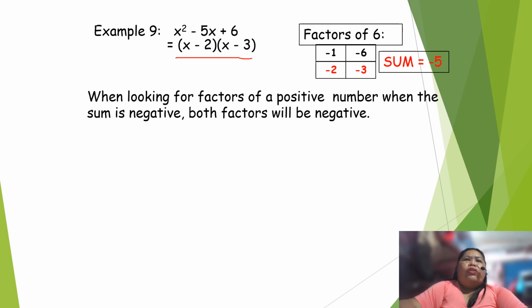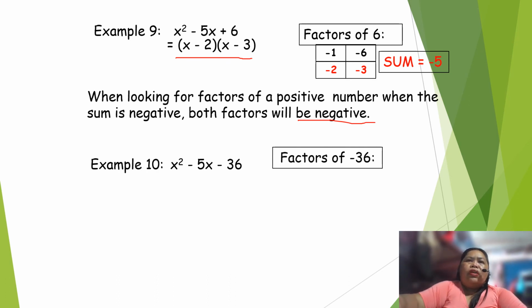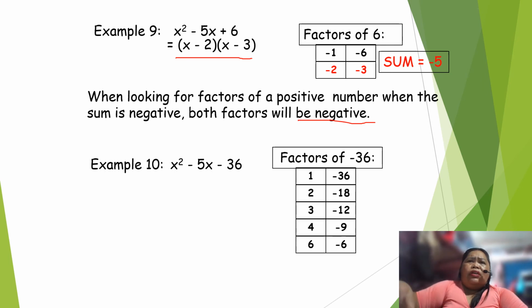Next, when looking for factors of a positive number, if the sum is negative, both factors must be negative. Example 10, x squared minus 5x minus 36. The factors of 36, we have so many: 1 times negative 36, 2 times negative 18, 3 times negative 12, 4 times negative 9, and 6 times negative 6.